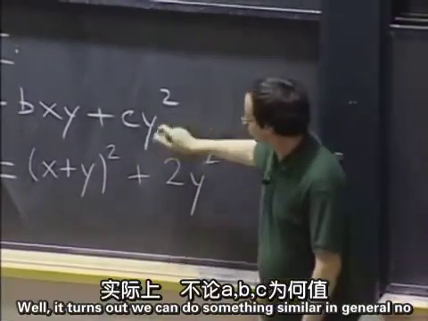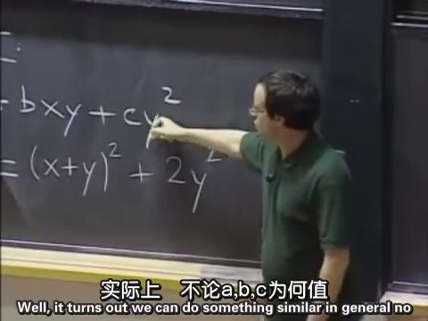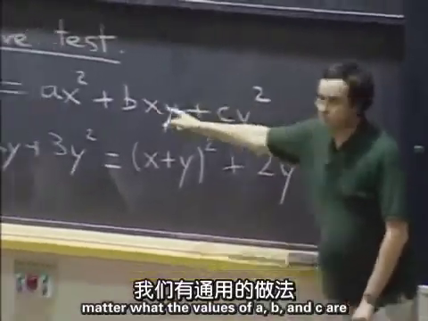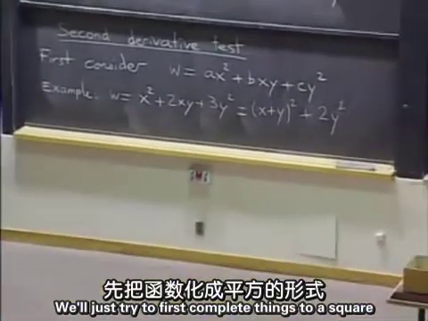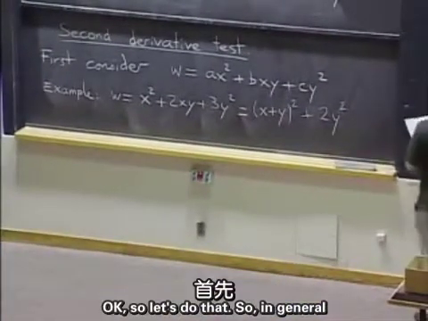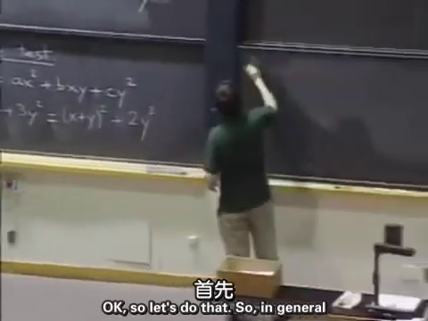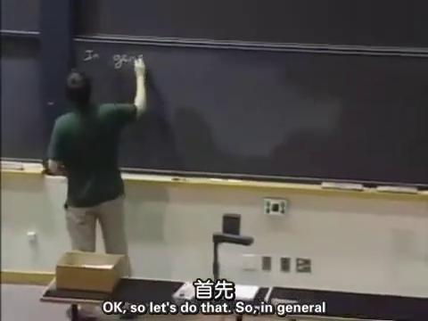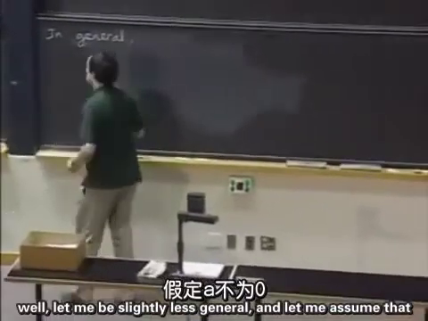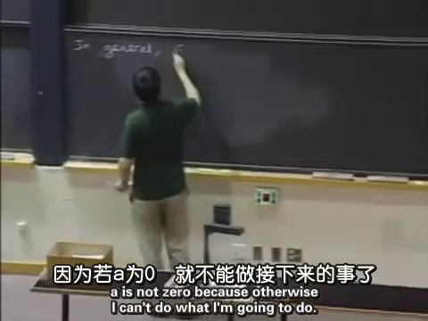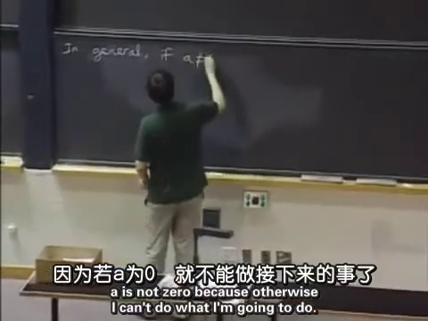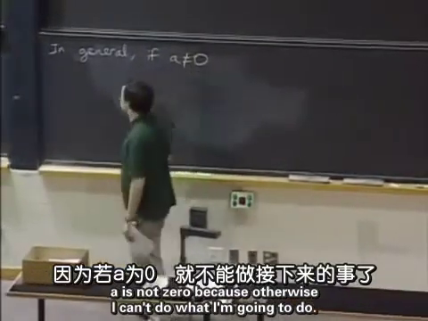Well, it turns out we can do something similar in general, no matter what these values of a, b, and c are. We'll just try to first complete things to a square. Okay, so let's do that. So in general, let me be slightly less general and assume that a is non-zero, because otherwise I can't do what I'm going to do.